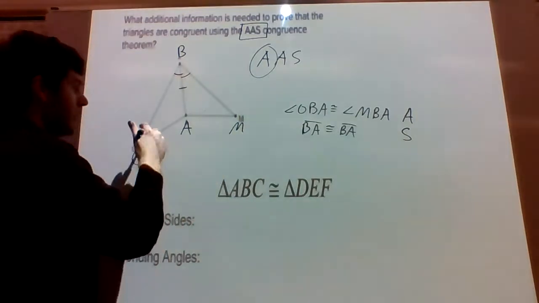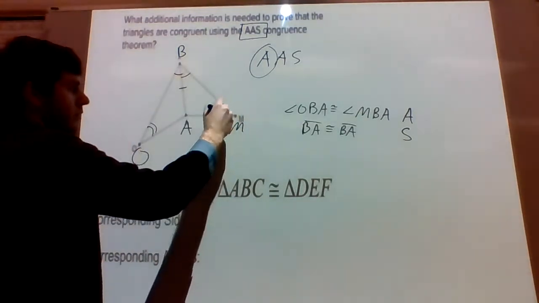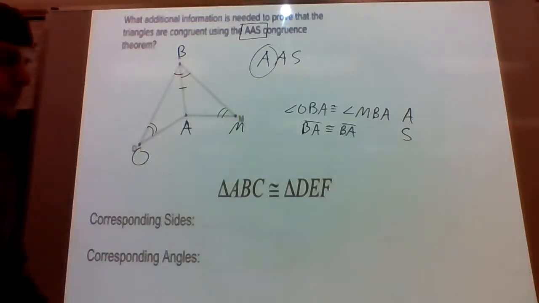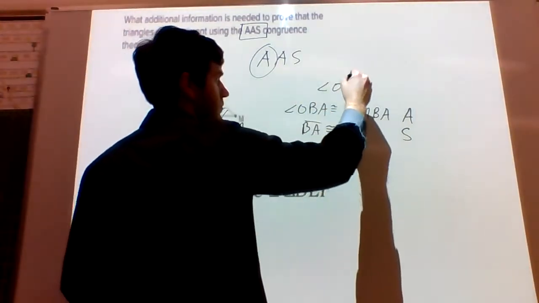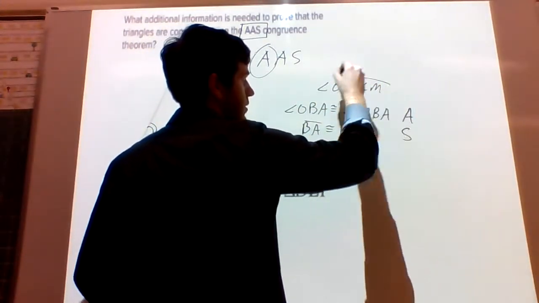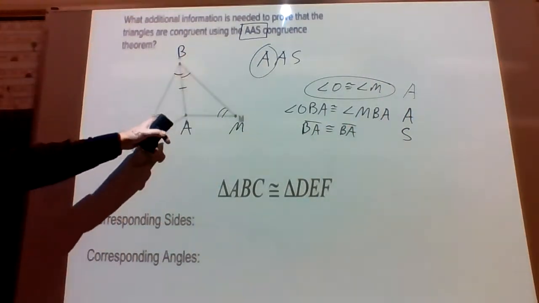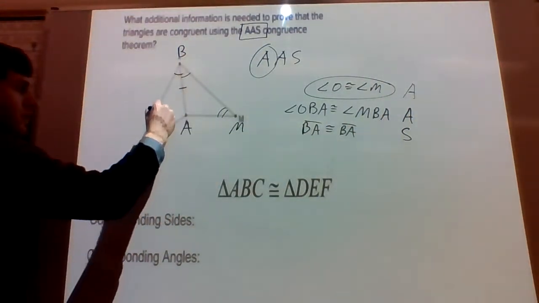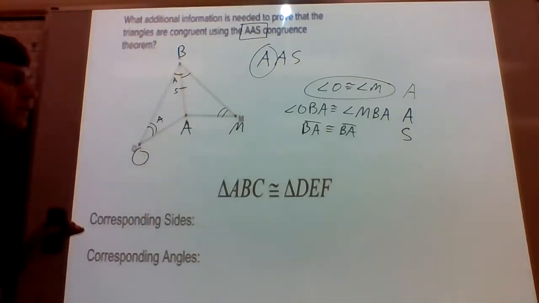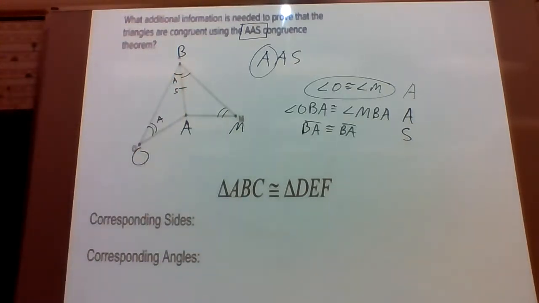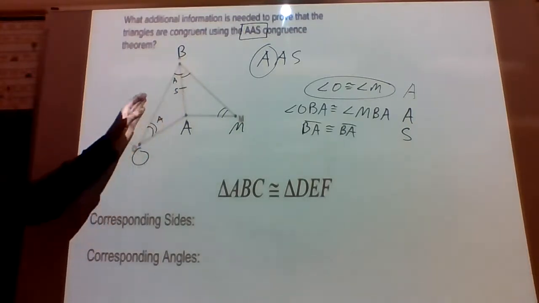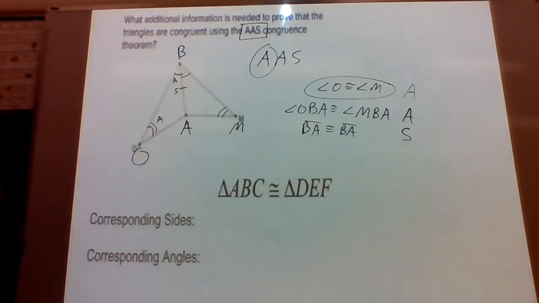So it's going to have to be angle O and angle M. And that gives us our last angle. So we have angle, angle, side. The side is not included. It's not between the two angles. Side cannot be between the two angles.